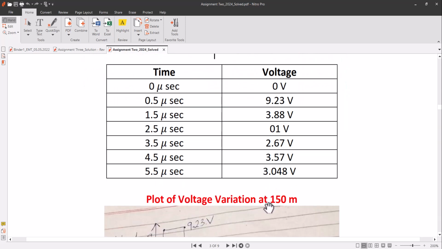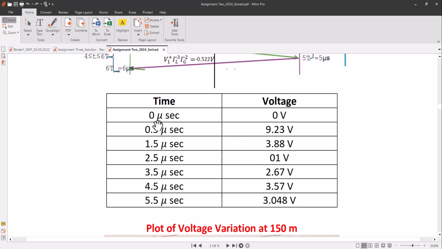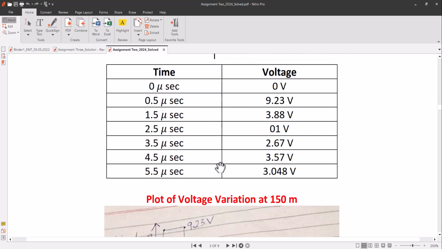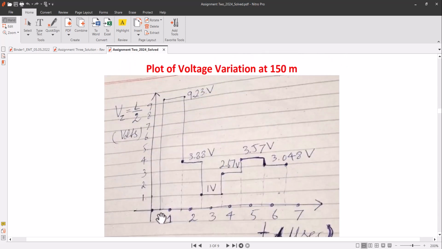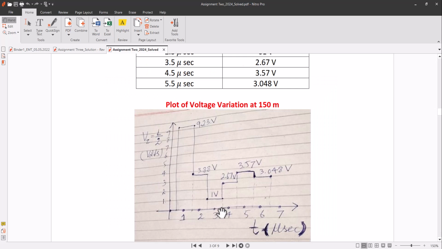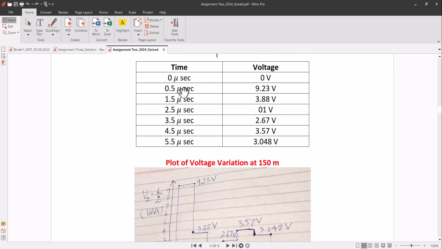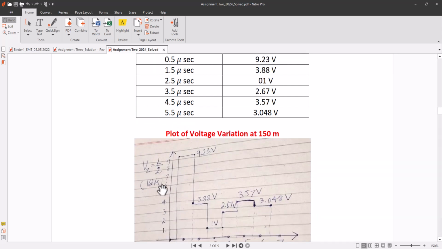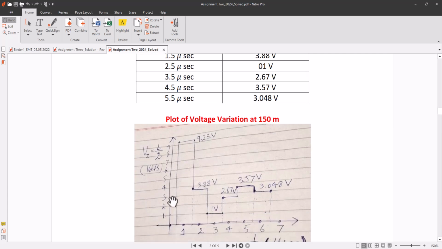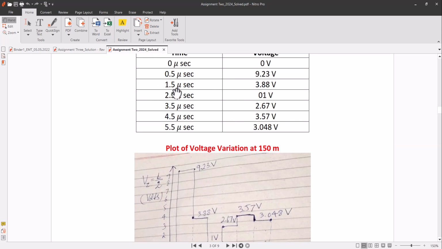Now if we plot the variation at 150, we can see that at 0 microsecond we have 0 volt, at 0.5 we have 9.23, at 1.5 we have 3.88. So simply plot this. Here this is 1 tau, 2 tau, 3 tau, and here this is 0.5 tau. At 0.5 microsecond we are having 9.23 volt, and it remains constant up to 1.5.